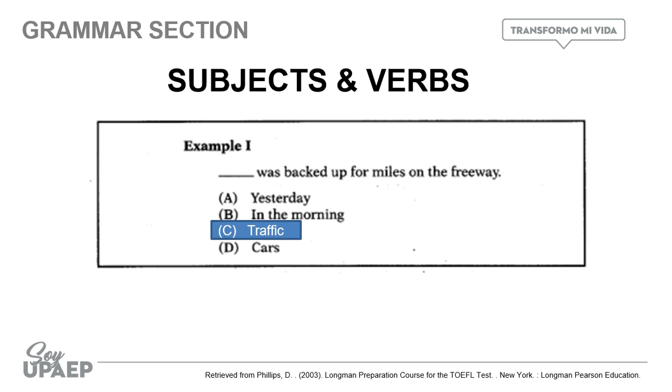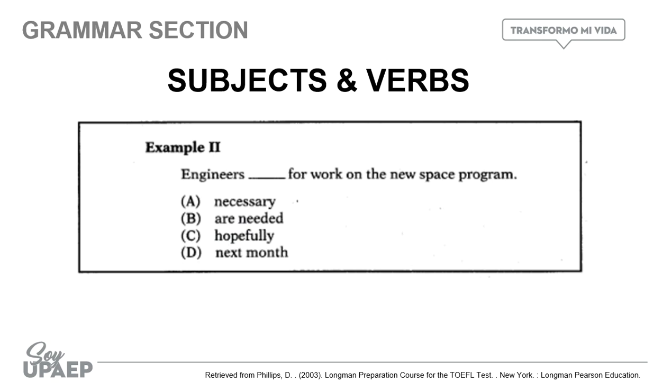Let's do another exercise. Engineers blank for work on the new space program. So what do you need? What are you missing? Okay, we know that engineers is the subject of the sentence. So I cannot find a verb in the rest of the sentence. So we need a verb.